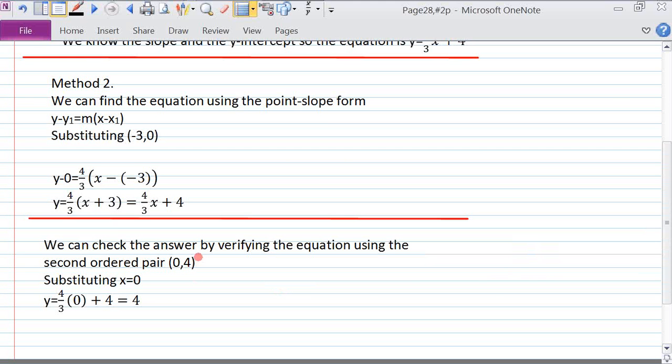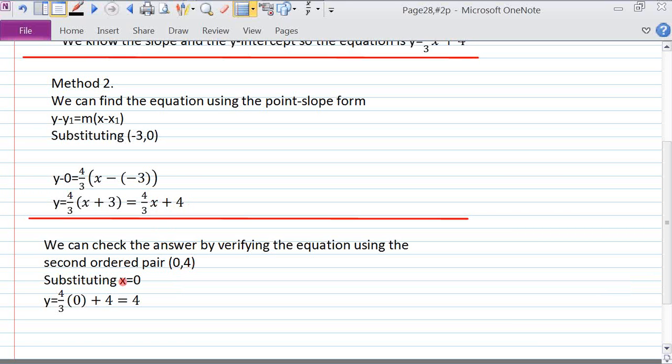Another thing we can do is check the answer, this one or the other one, by verifying the equation using the second ordered point. I used minus 3 comma 0 to derive this equation. I could use the other point to verify that I have the right equation. So when x is 0, y equals 4 if this is the right equation.